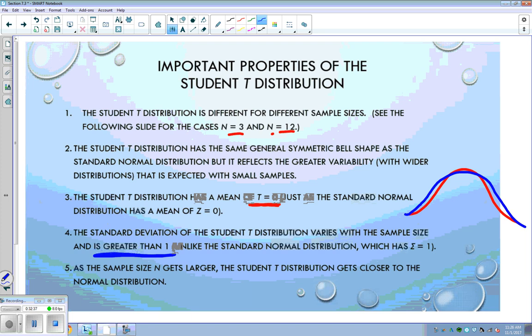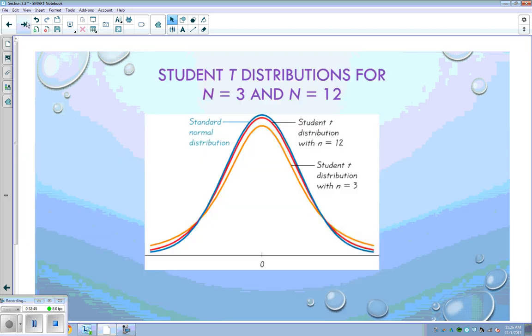We kind of saw that from that article and Gossett's work. And there it is again, a nice picture. You can see the blue being your standard normal distribution. The one in red, can't see here, the one in red has an n of 12.